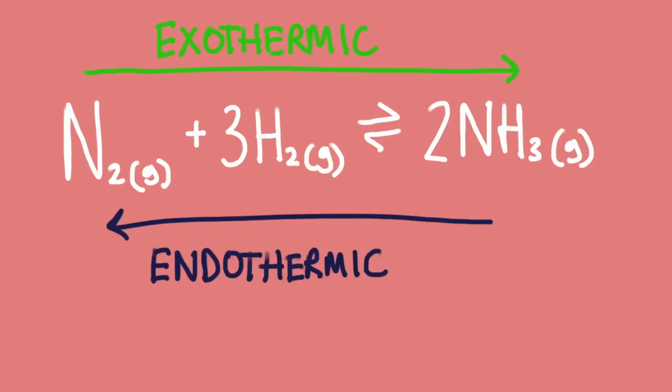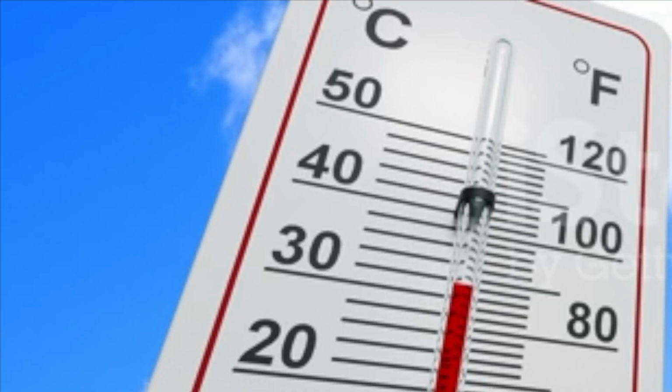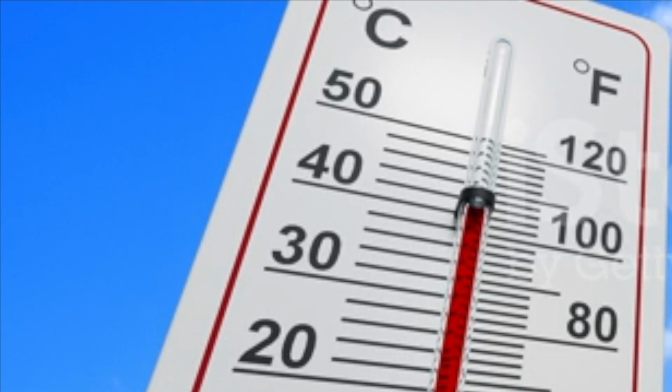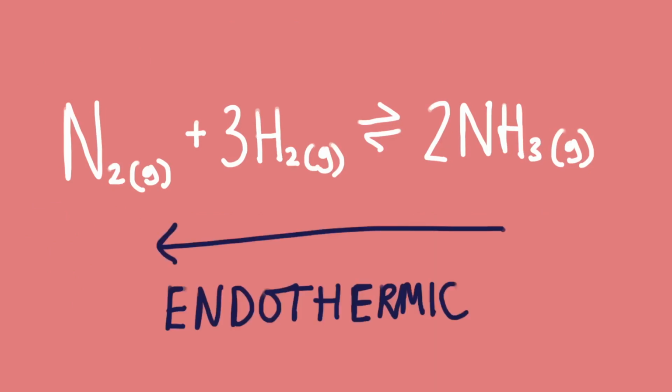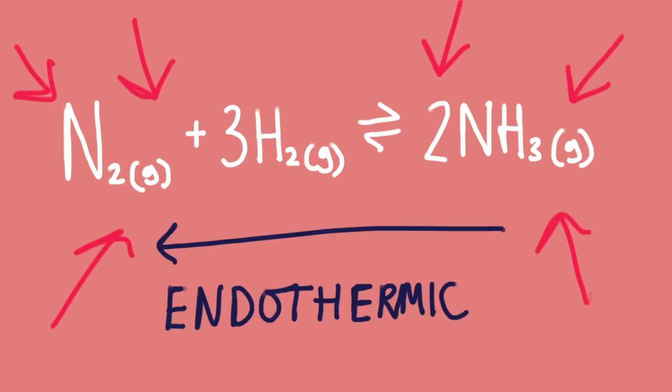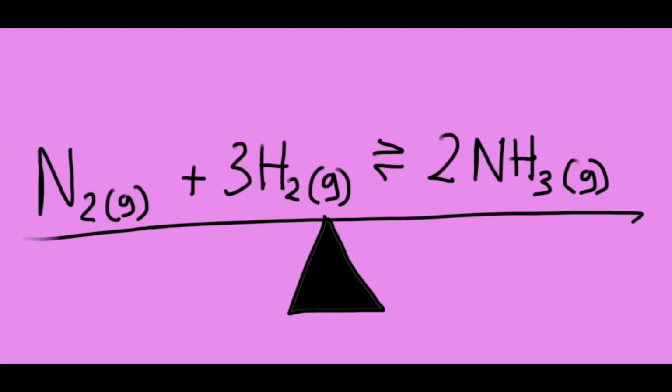In a reversible reaction, if one direction is endothermic, then the other direction will be exothermic. So if we increase the overall temperature, the position of equilibrium will shift in the direction that will correct the change. So it will shift to the endothermic side, so the left-hand side, to the reactant side. And this will happen in order to take in that heat energy and get back into dynamic equilibrium.